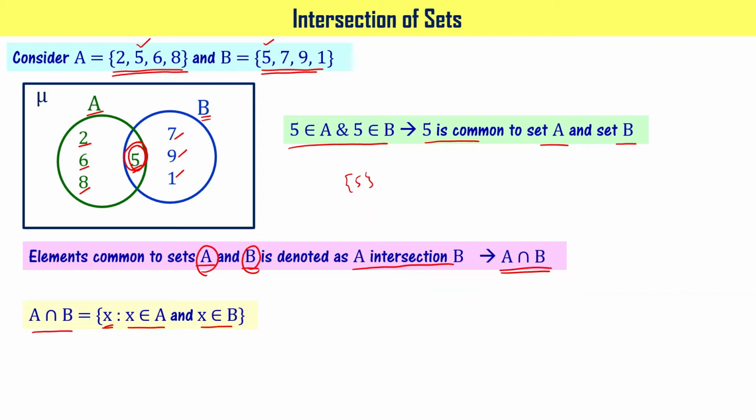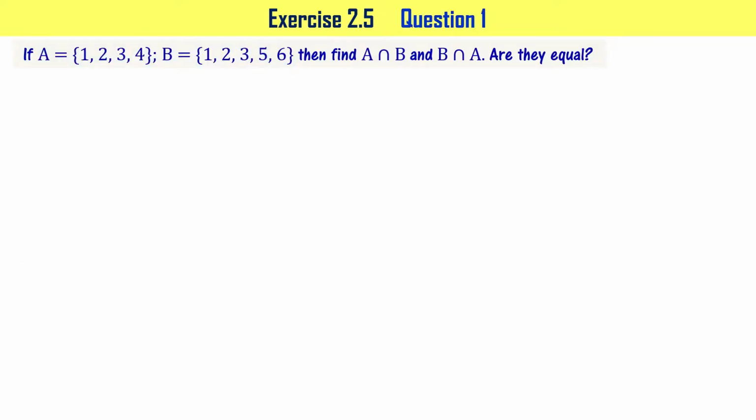Now let's go back to the problem. Here A is given, that is 1, 2, 3, 4. And B is given, that has elements 1, 2, 3, 5 and 6.